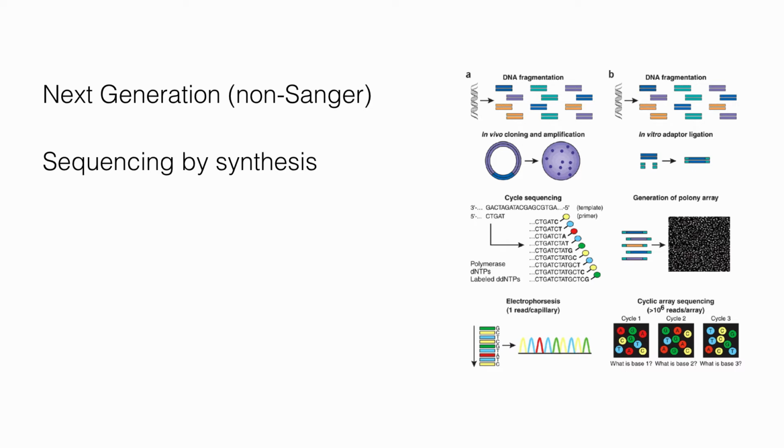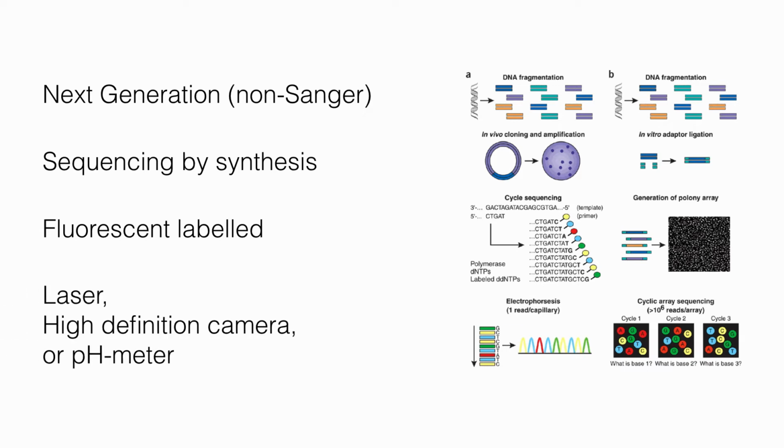Each fragment is carrying its own sequencing reaction, where fluorescently labeled nucleotides are added one at a time. In each sequential cycle, a nucleotide is added and the resulting fluorescence is read by a laser, or a high-definition camera, or even a pH meter, depending on the technology used.